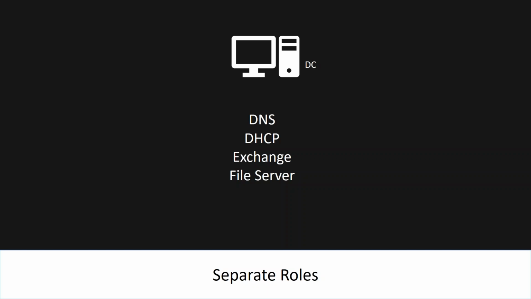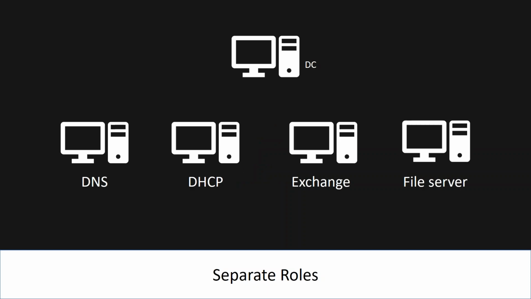The problem with this solution is that if everything is installed on this one physical operating system, it becomes very difficult to administer securely, especially from the aspect of the domain controller. So we need to split out those roles.